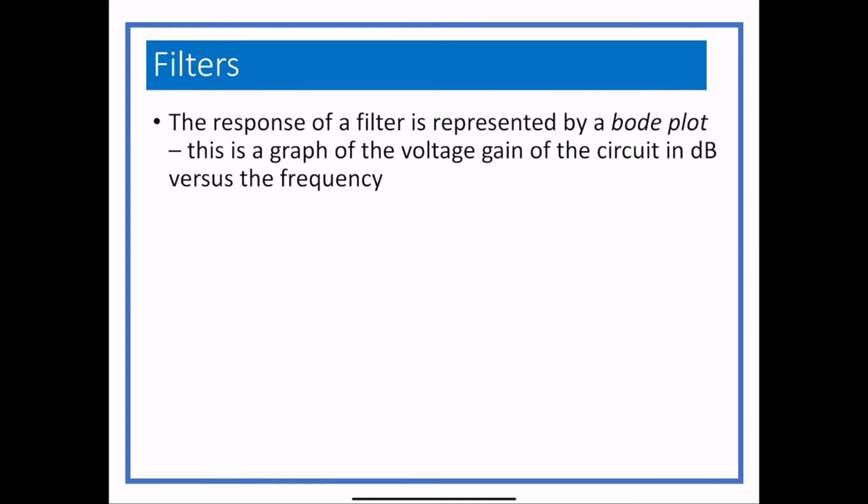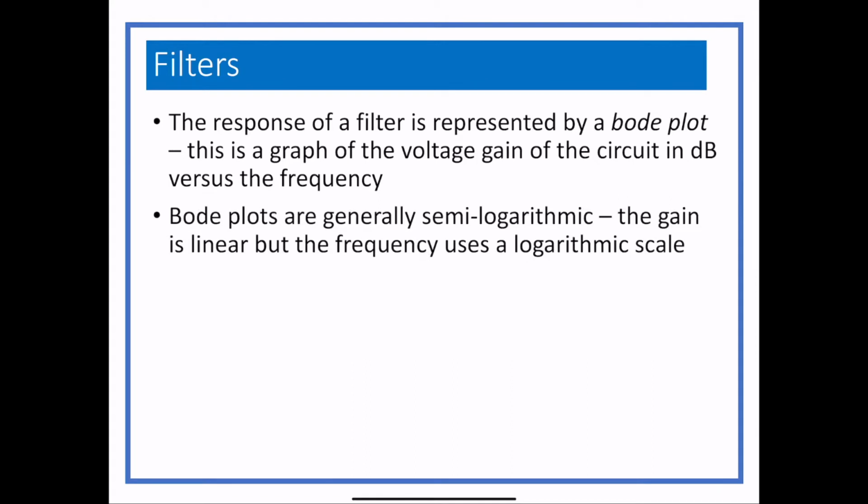The reason I have to talk about this is because we look at the response of a filter usually by looking at a Bode plot, which is basically just a graph of the voltage gain in dB versus the frequency. The frequency is generally represented on a logarithmic scale, because it generally has to go from like 1 hertz to 10 million hertz.